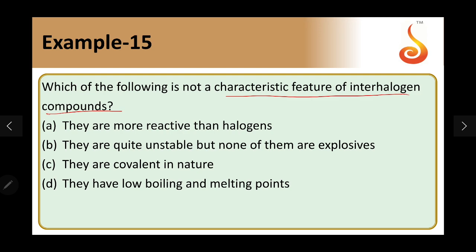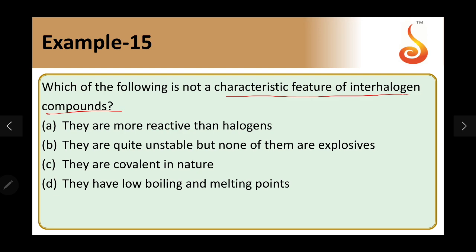They are covalent in nature compared to halogen. Halogens are perfect covalent molecules, but because an electronegativity difference is there in the atoms, they are having predominantly even ionic character. They are covalent compounds, but the ionic nature is much higher. They have low boiling and melting points.